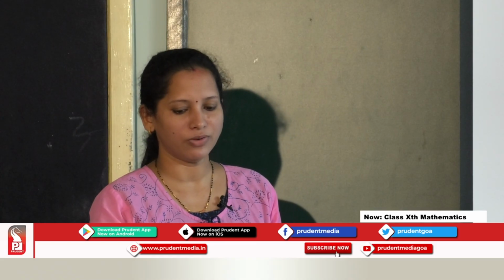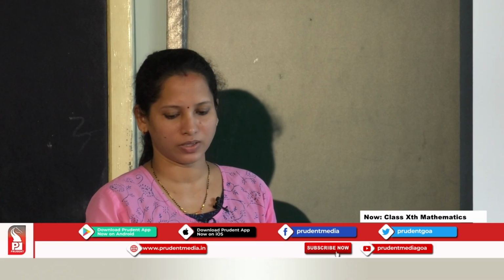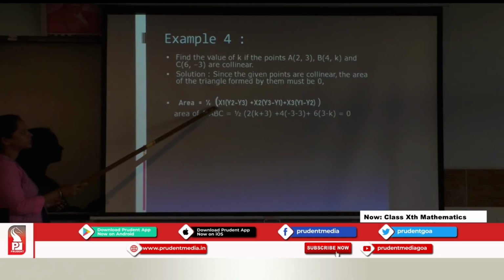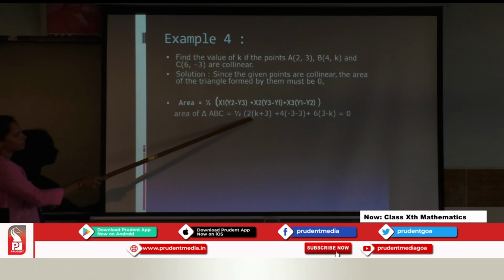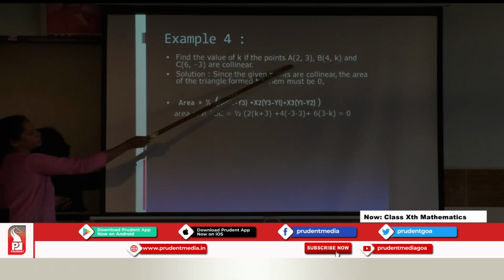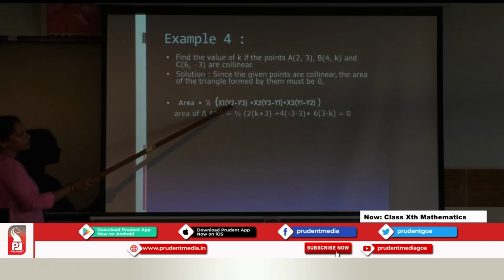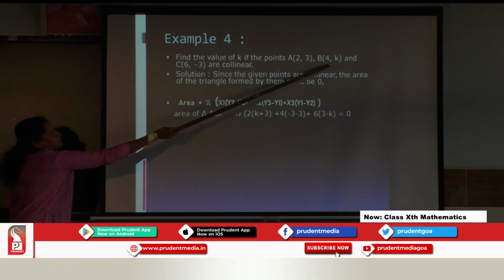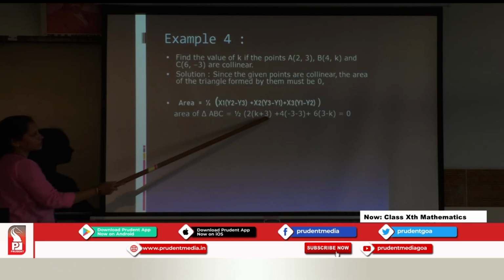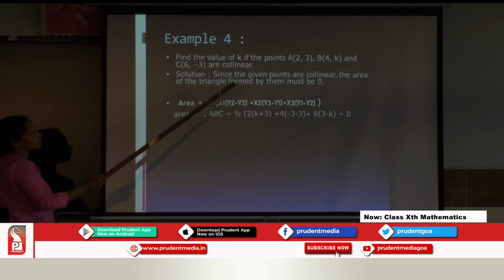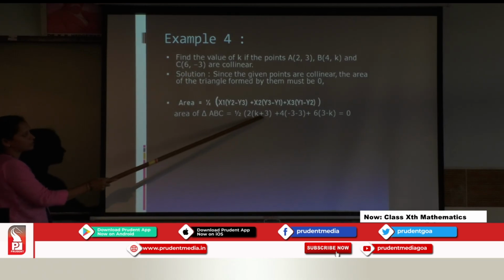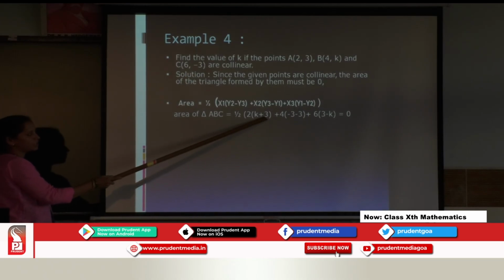So, this is the formula for the area of the triangle. Now here x1 = 2, then y2 = k, so (k - y3), where y3 = -3. So, minus into minus will become plus, so k + 3.